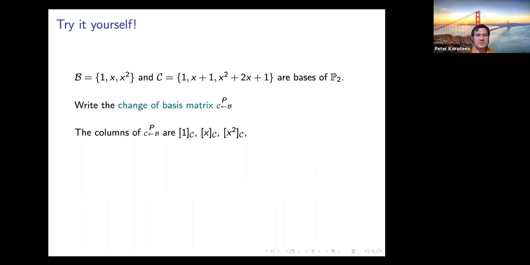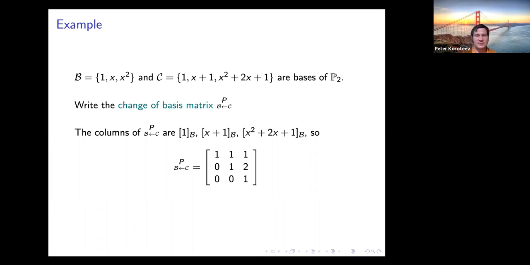Okay, and now let's go backwards. So let's just show again, this is the change of basis matrix from C to B, and this is an upper triangular matrix like this. And now try it yourself.